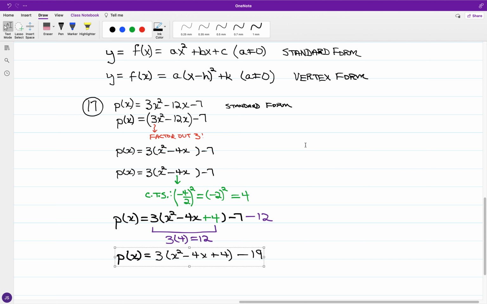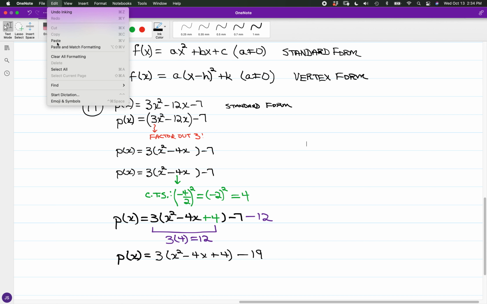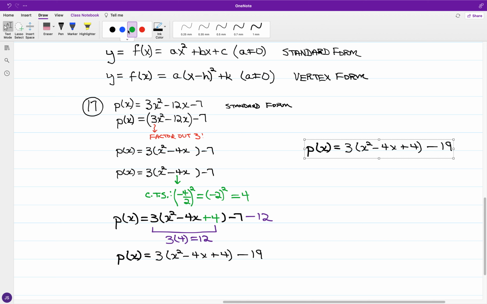I'll just show you. You want what we have here to be on the same page with what we had for the standard form, so just doing a quick check.